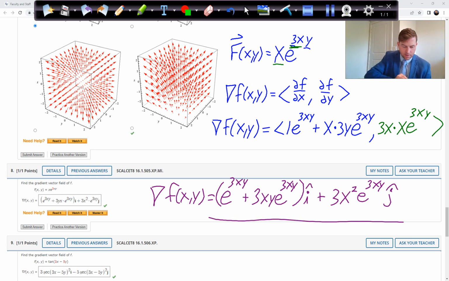And I believe that's what I have here. So we have e to the 3xy plus 3yx, doesn't matter, xy, yx, same thing, e to the 3xy in front of the i term, and then 3x squared e to the 3xy in front of the j term. So that's correct for problem 8.